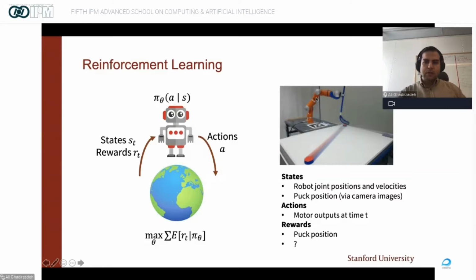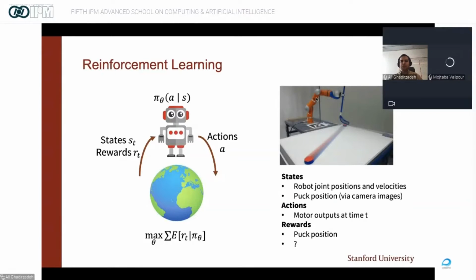Good. Let's look into one example for robotic problems. Here, for example, we want to learn to shoot a hockey puck to a goal position using a robotic manipulator. The states in this particular example are the robot joint positions and velocities.